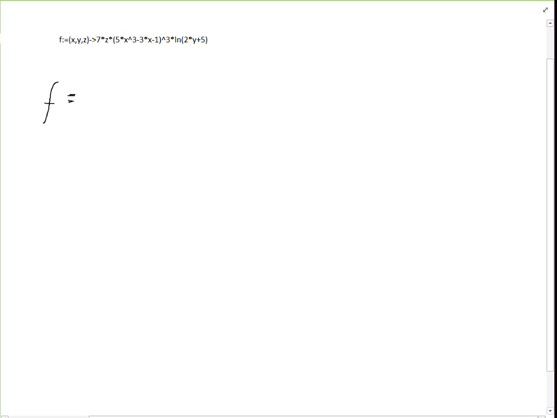So f of x, y, z, I should say, is equal to 7z times 5x cubed minus 3x minus 1 all to the power 3 times log of 2y plus 5.